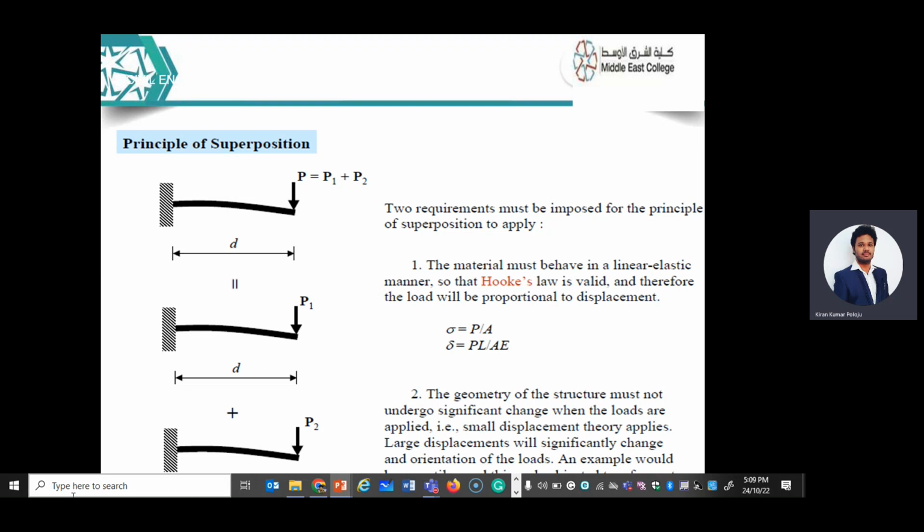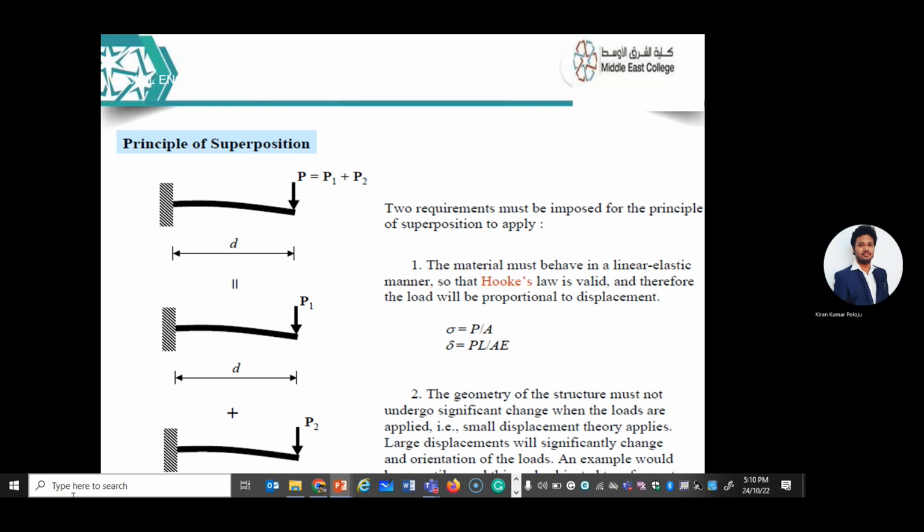And after the yield point, if I apply force once again a little bit, it will fail, it will break. That is called breaking point. The point where it's the maximum that can be taken by this material. The maximum force that can be taken by this material is called ultimate.